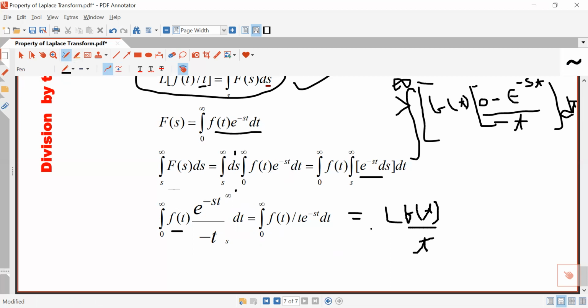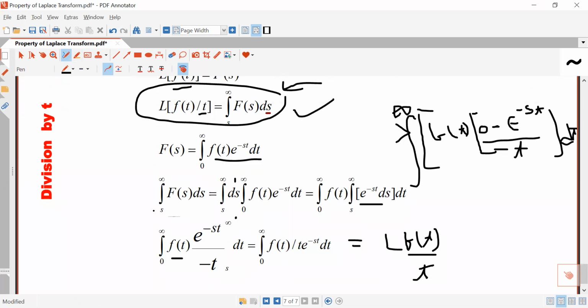In this way you can see that the integration from s to infinity of F(s) ds is basically the Laplace transform of f(t) divided by t. So these two properties are very important to determine the Laplace transform of a function which is multiplied or divided by t. In the next video, I will discuss some numerical examples based on these properties.